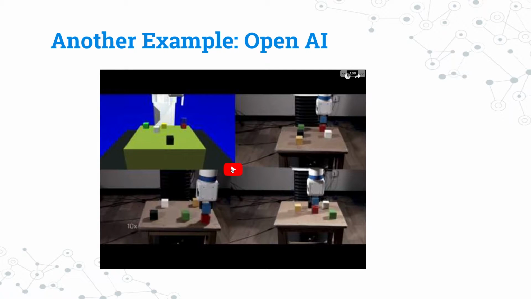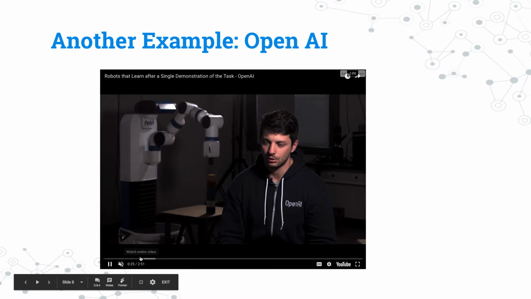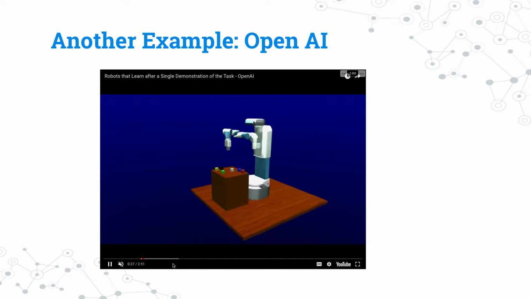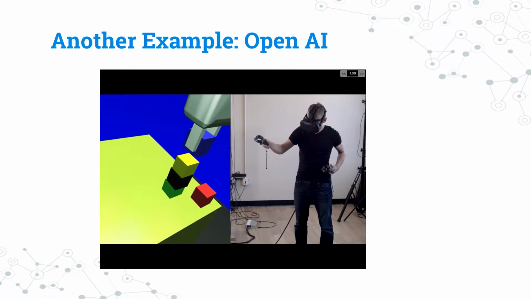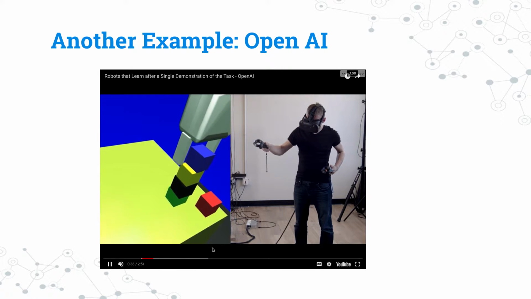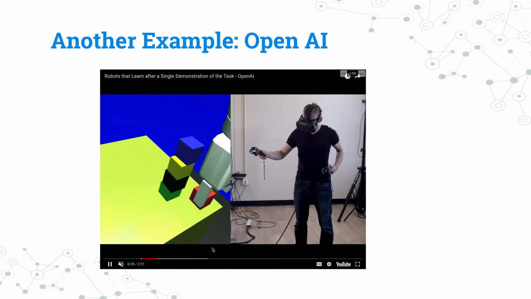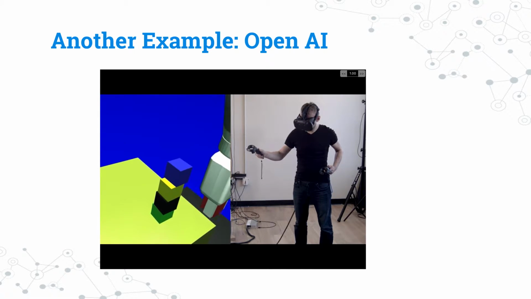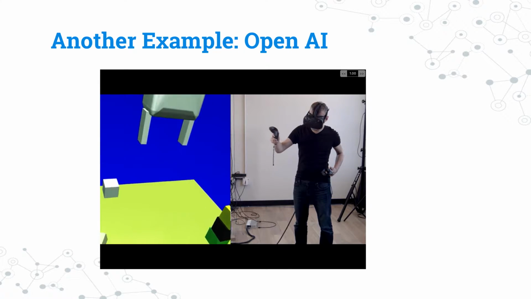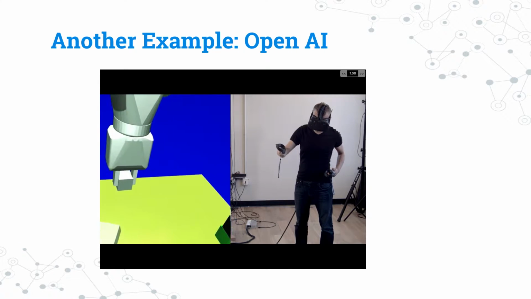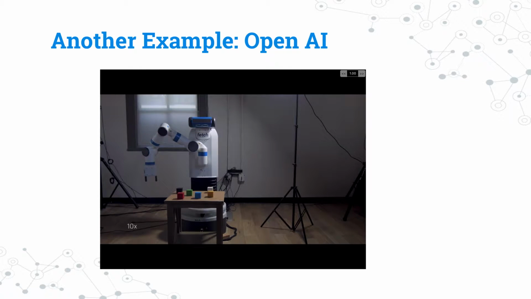Another example in practice that uses meta learning is meta imitation learning, done by OpenAI. Basically what's going on here is that a person is giving a demonstration to a robot on how to pick up blocks and stack them on top of each other. Initially the robot is just watching, but later on it goes through and performs the task on its own.